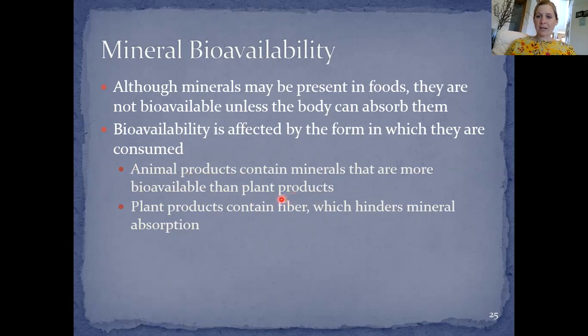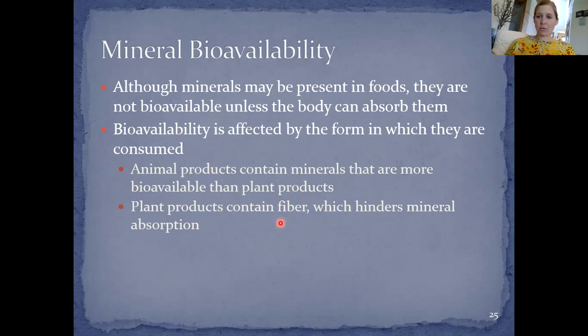And the reason that plant products aren't quite as good as animal products as it relates to bioavailability is because of fiber. Fiber can hinder the absorption of some of those minerals because fiber serves as a bulky substance that's not digested and just passes through our system.